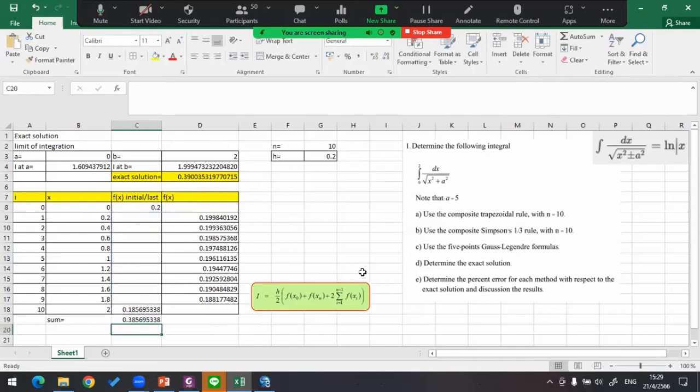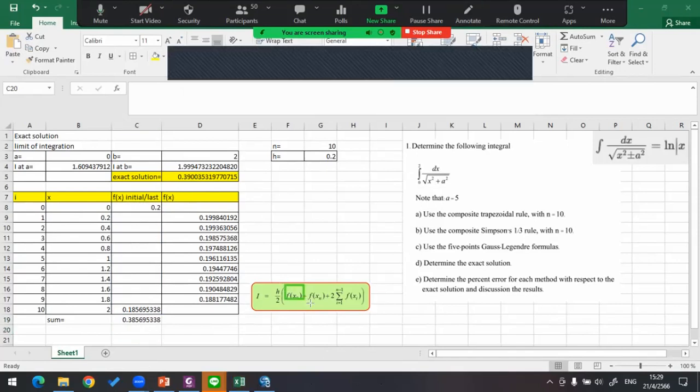Sum this column. That is the value of the first point plus the last point. That is equal to this term.